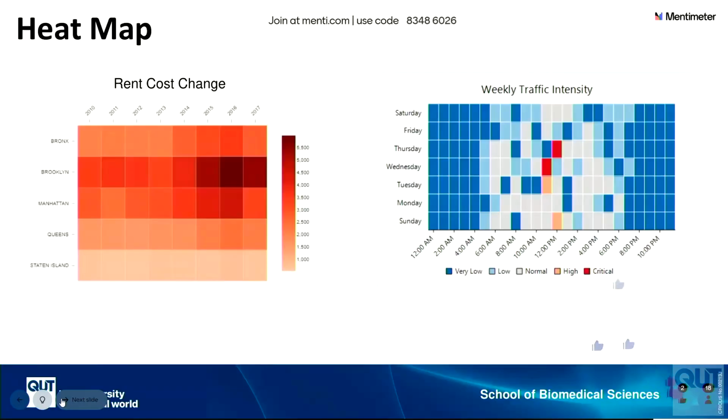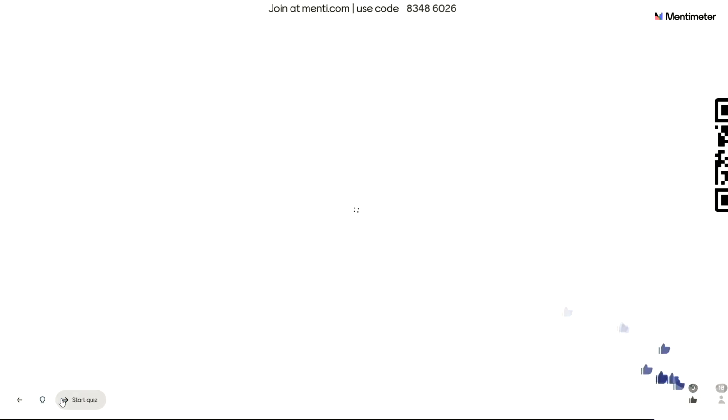Or even the traffic intensity over different days, with one side being the day of the week and then the time, and the color being the number of cars or how critically overworked it is. Heat maps are very versatile and very useful at showing kind of like three-dimensional information almost.